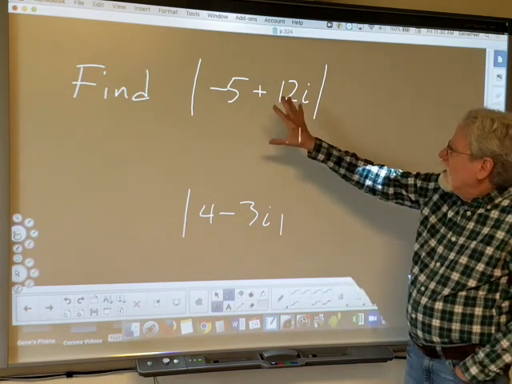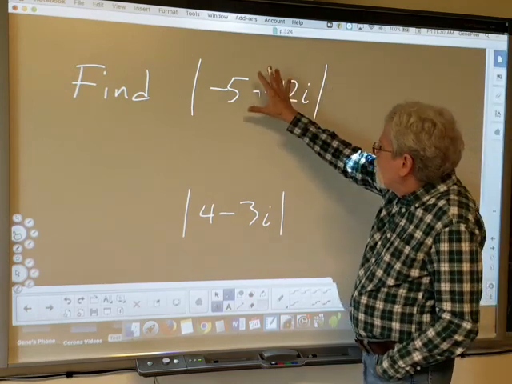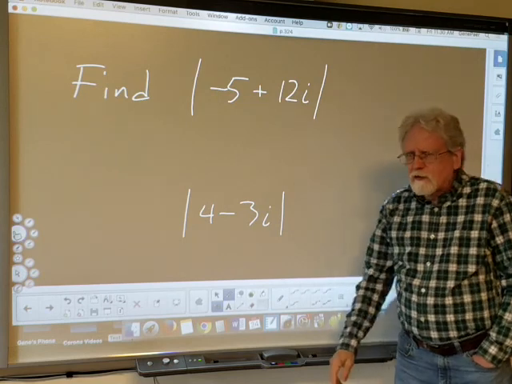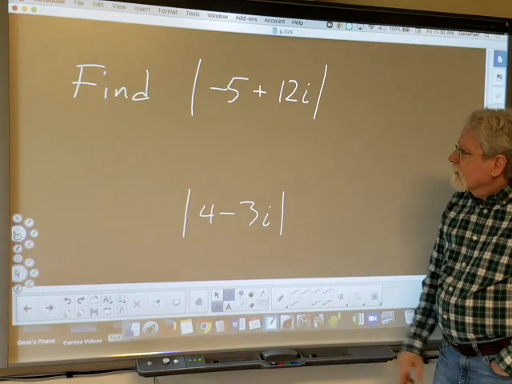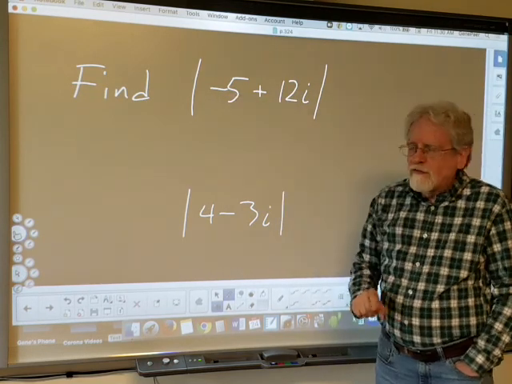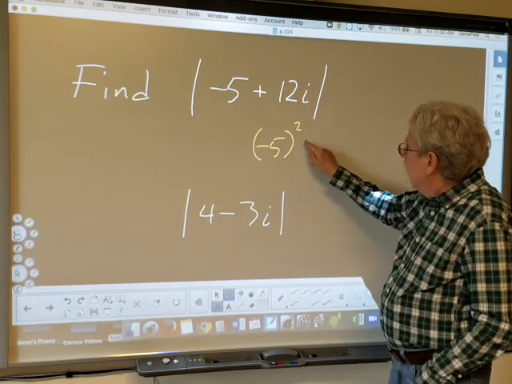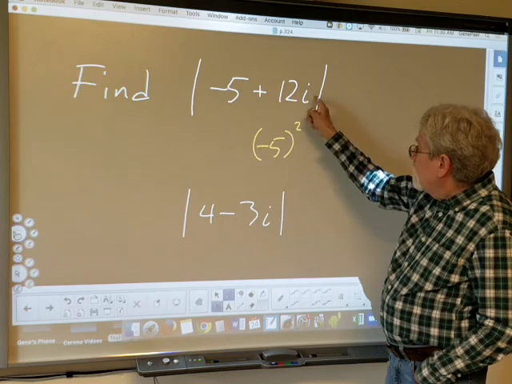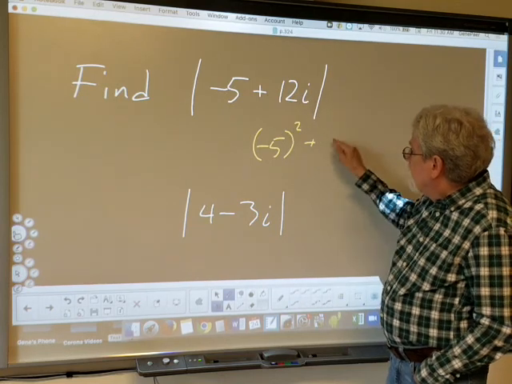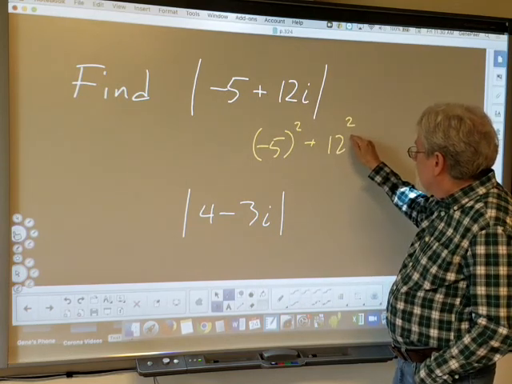To find the distance from 0 of this complex number in the coordinate plane, we take the negative 5 and square it. Negative 5 squared plus the coefficient, not the i, just the 12. 12 squared.